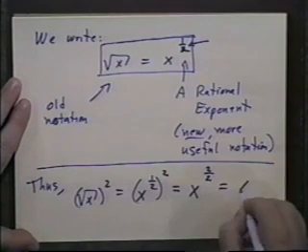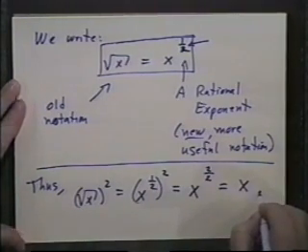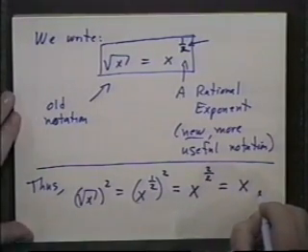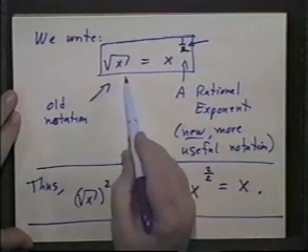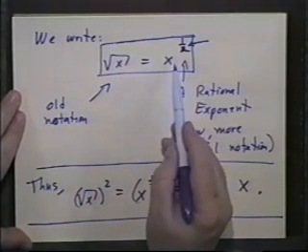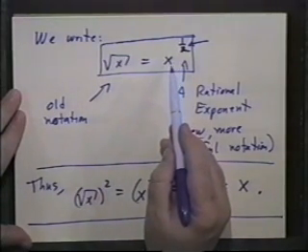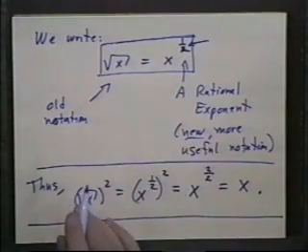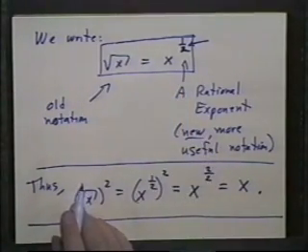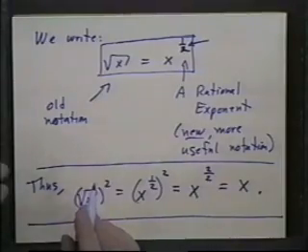And what's x to the 1? X. So that just confirms that what we have here is a new notation that does the same thing as the square root symbol did. But with the new notation, we have all these rules that we can now follow. So let's go ahead and look at the next topic, which will generalize this.